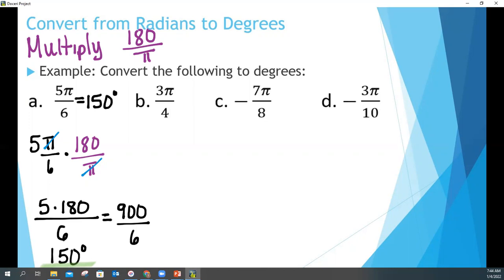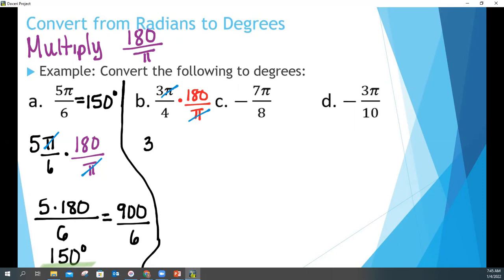Let's do the same thing for question B. We're going to multiply by 180 over pi. And that cancels out the pi.